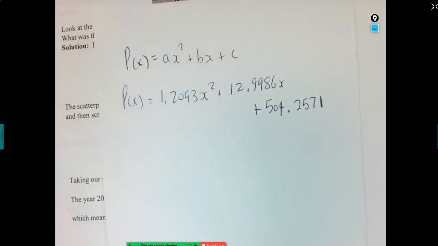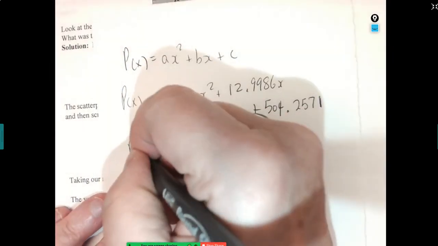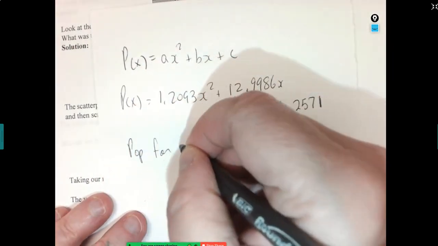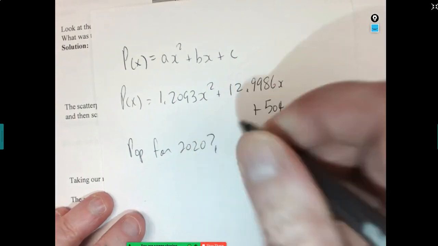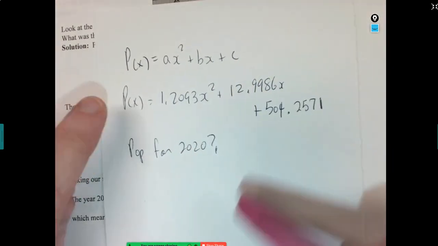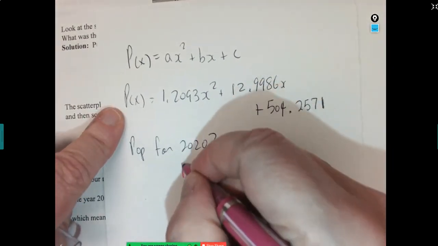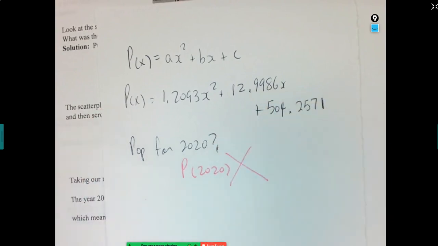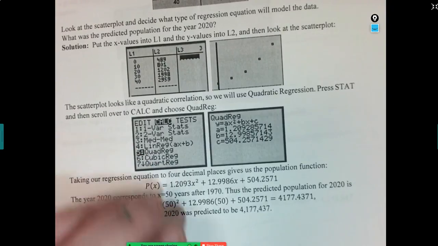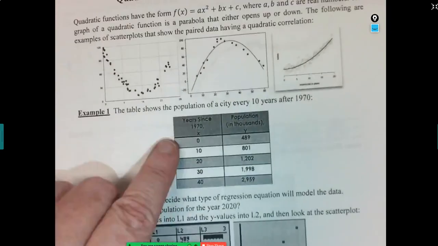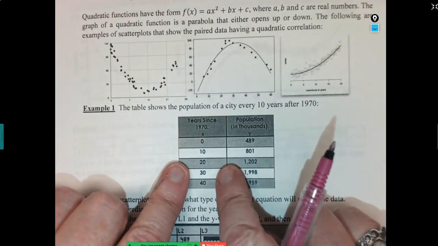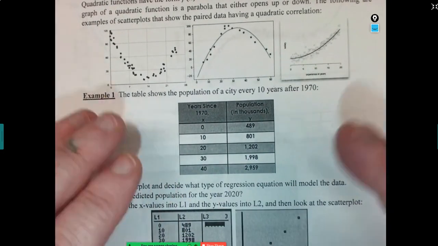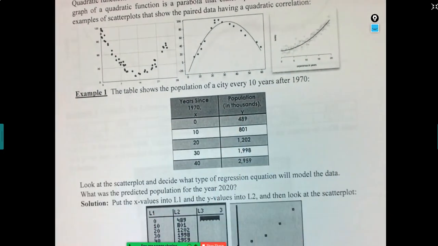Well, if I go to this formula and put in 2020 for x, that's not correct, because these are my x values, and so I have to convert 2020 into an x value.